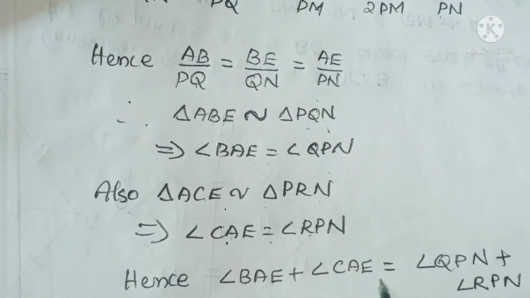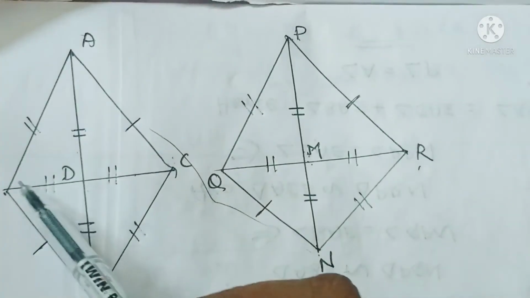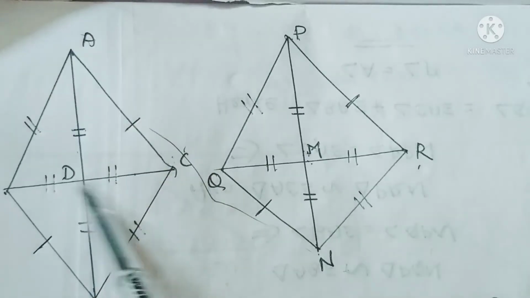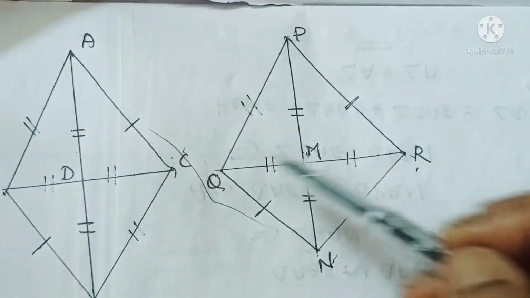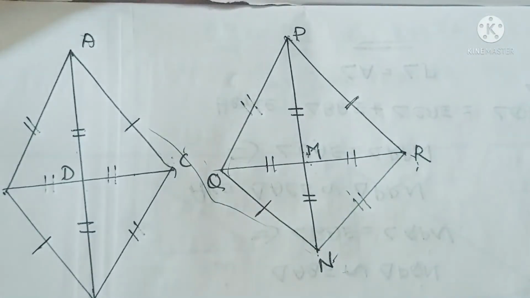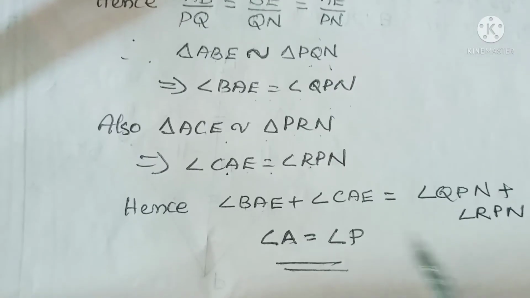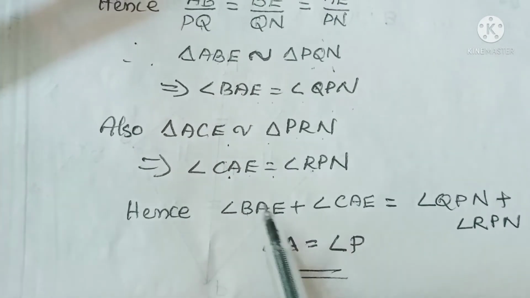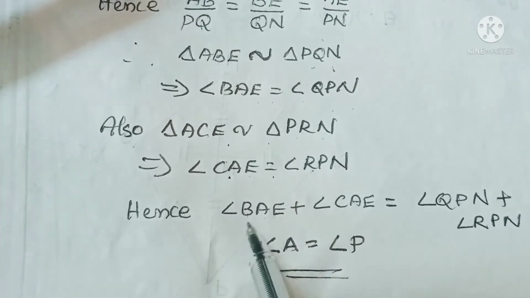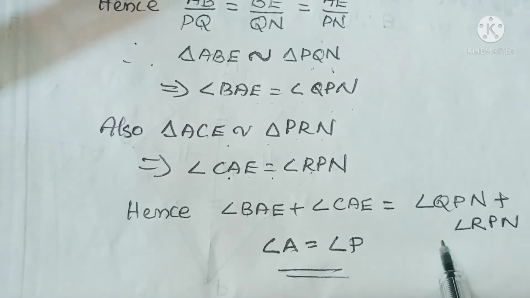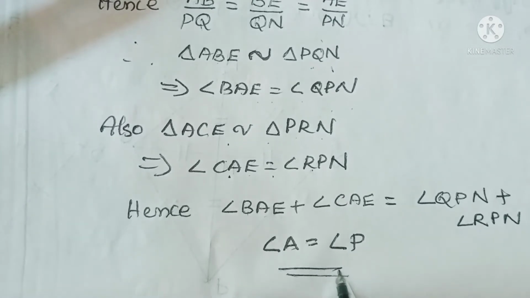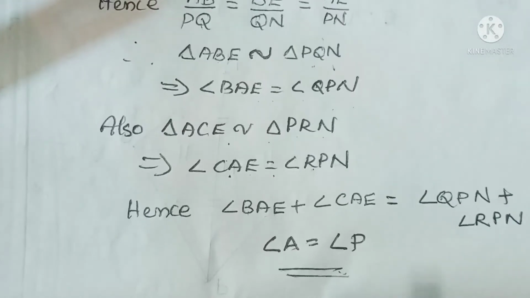In this figure, BAE plus CAE is BAC and QPN plus RPN is QPR. So we can write angle BAE plus CAE equal to angle QPN plus RPN, that is angle A equal to angle P.